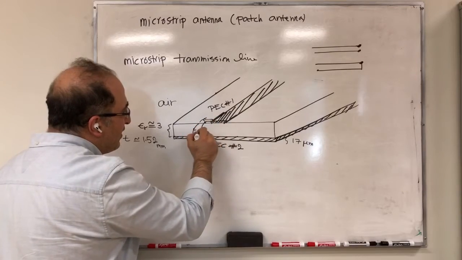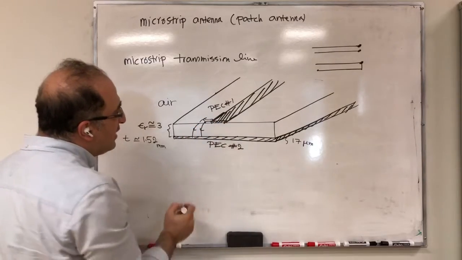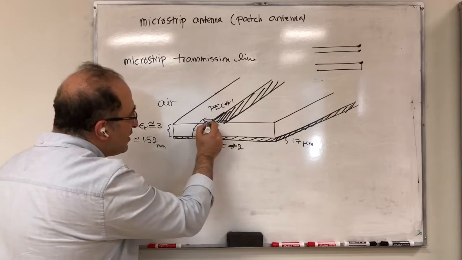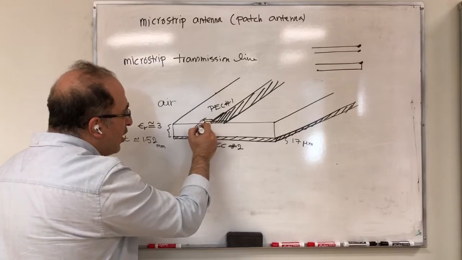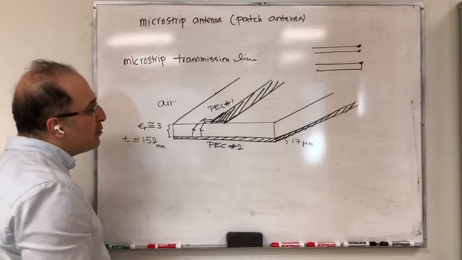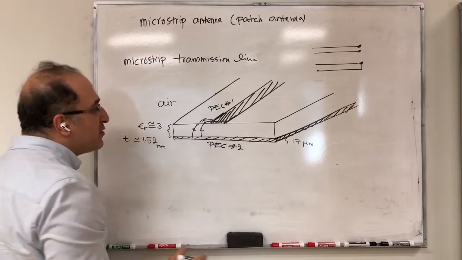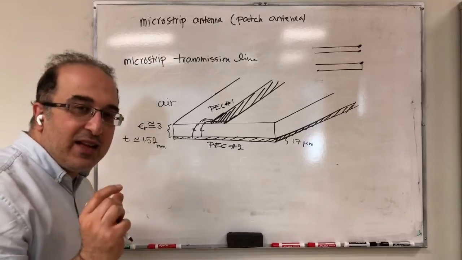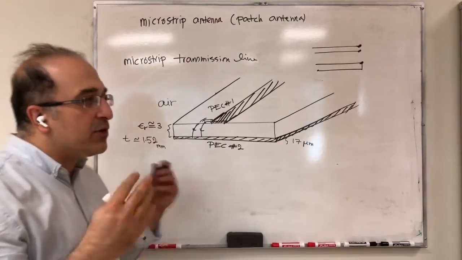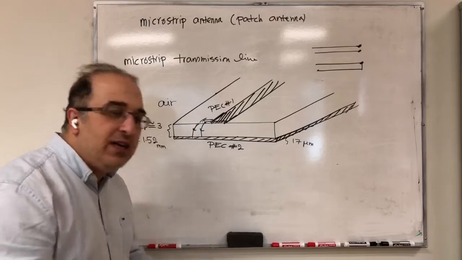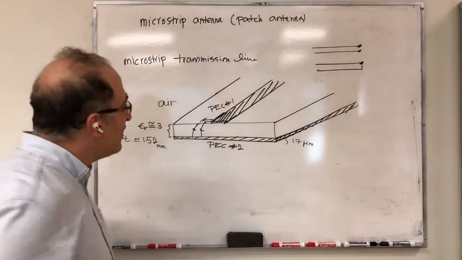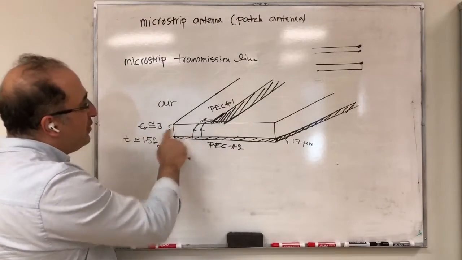The thing to notice, similarly here, is that part of the electric field is in air, part of the electric field is in the substrate, but most of it is essentially concentrated in the substrate. It's a bit different than a standard situation that we have in mind, where, for example, the electric field is only in the dielectric or only in the air. Here you essentially have two media.